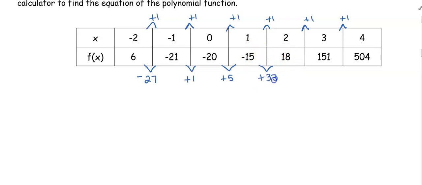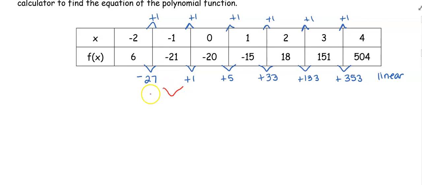I'm adding 33. Remember, 18 minus a negative 15 means I'm adding 15 plus 18, which is 33. Now, if these were the same, this would be a linear function, but they're not the same, so I move on to the next set.